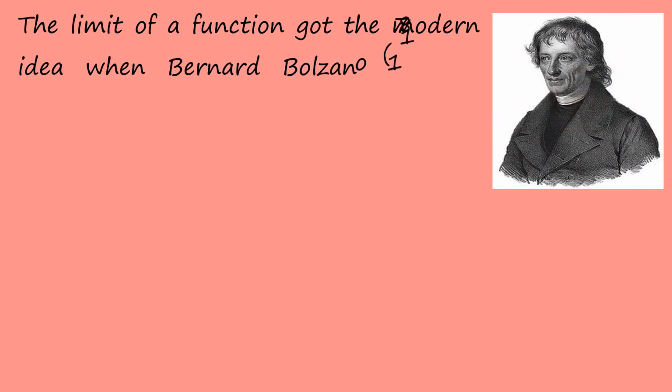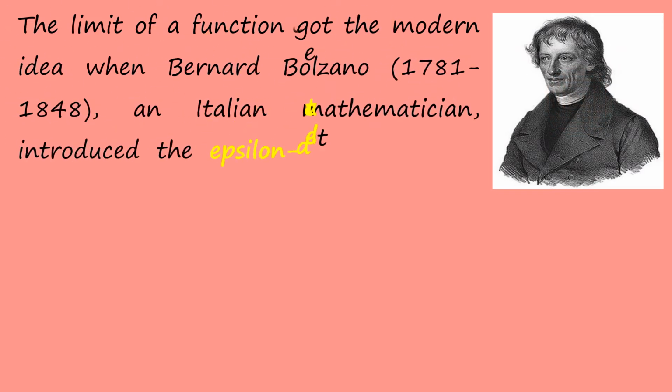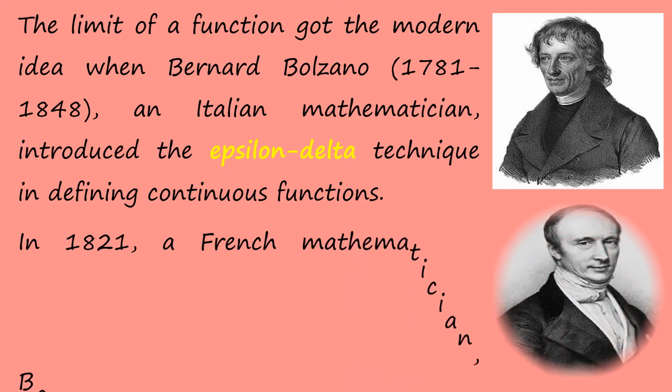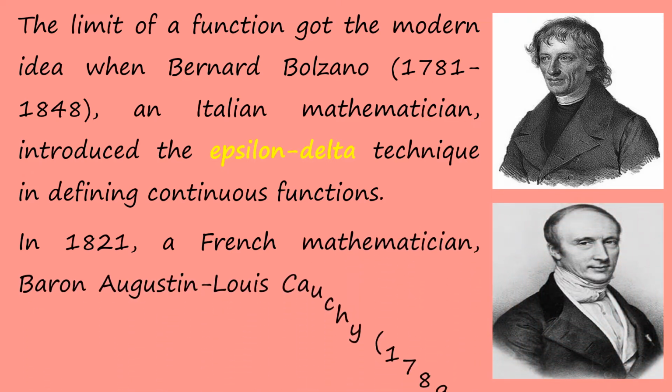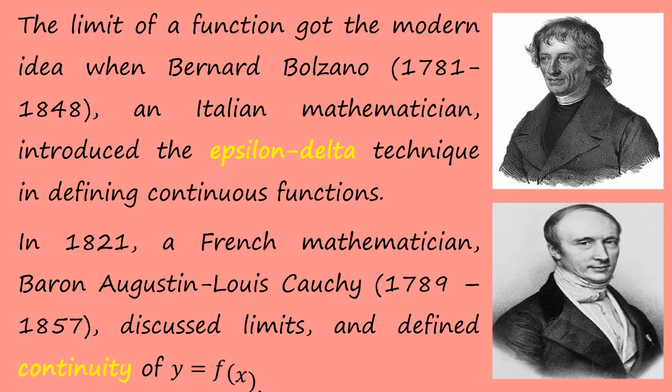The limit of a function got its modern idea when Bernard Bolzano, an Italian mathematician, introduced the epsilon-delta technique in defining continuous functions. In 1821, a French mathematician, Augustin Cauchy, discussed limits and defined continuity of y equals f of x.